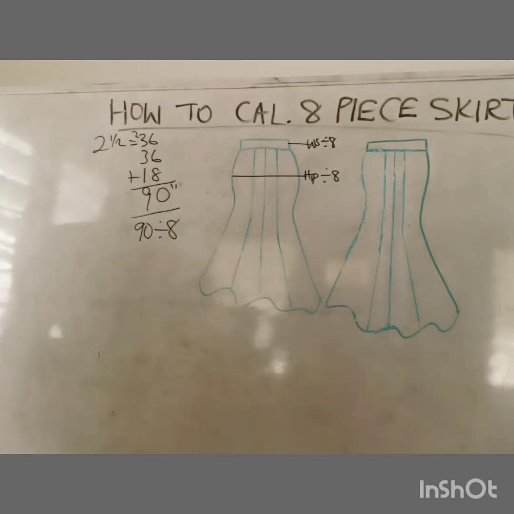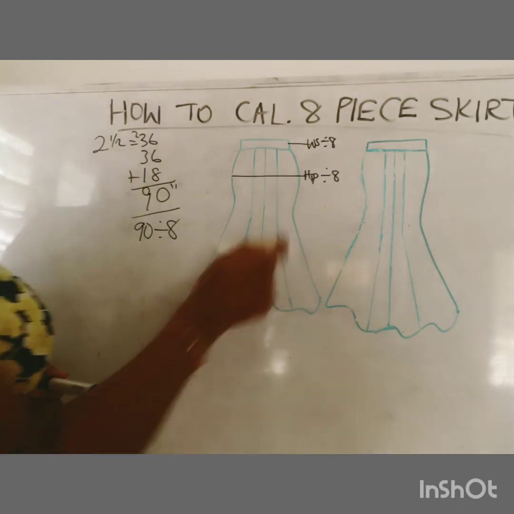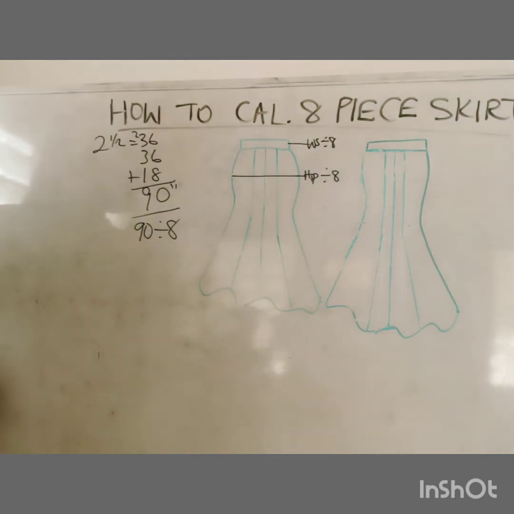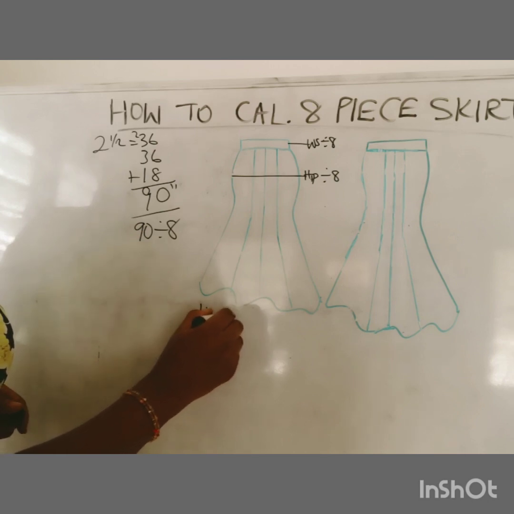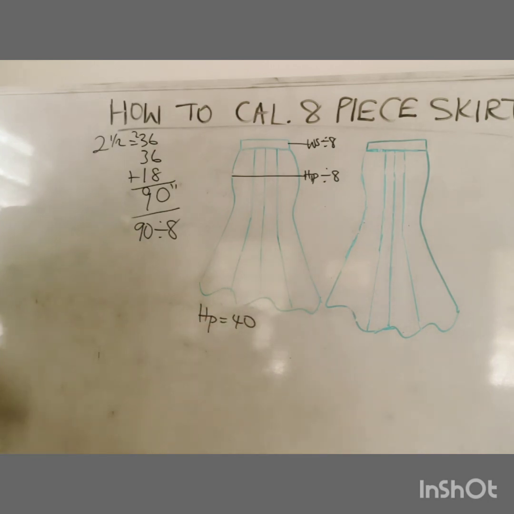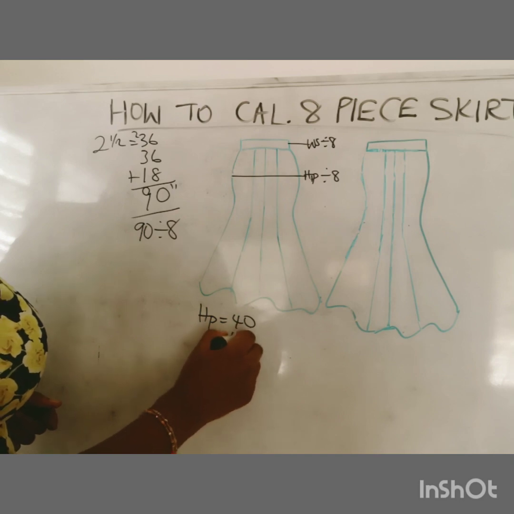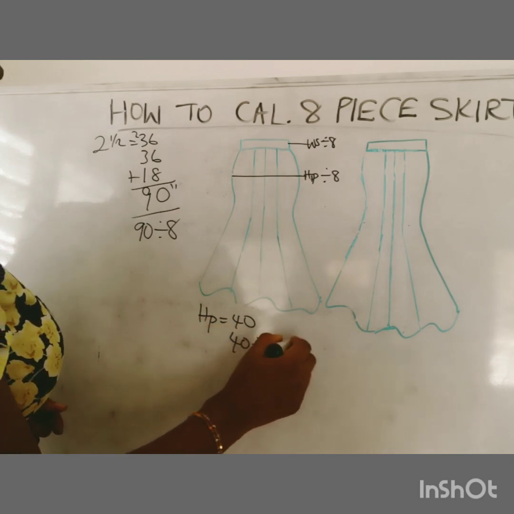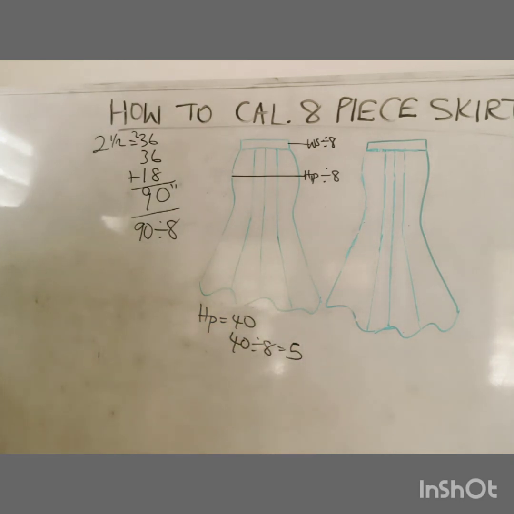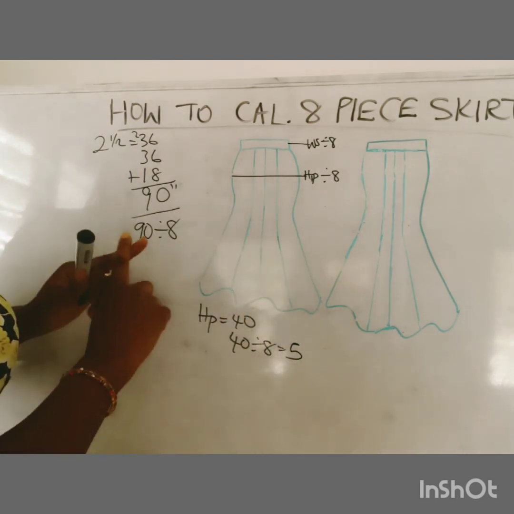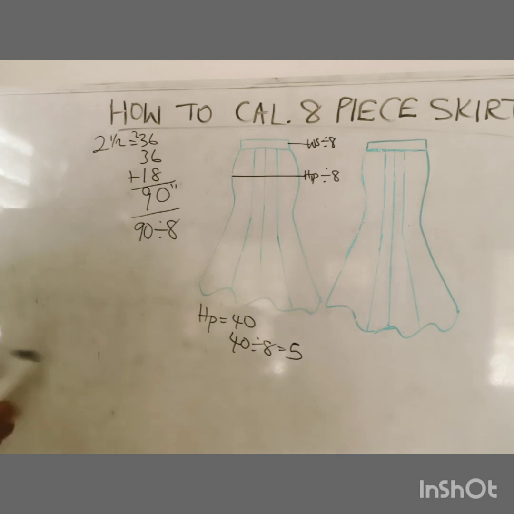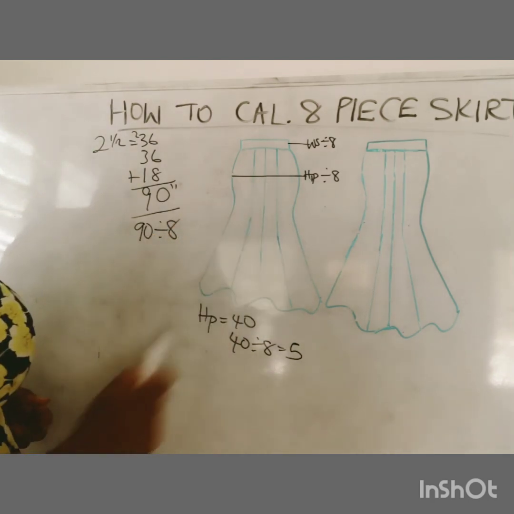So if, for example, the hip you are working with is 40, assuming hip is 40, we divide the hip by 8, we now have 5. It means that each of the panels is going to be 5 inches wide. 5, 5, 5, 5.